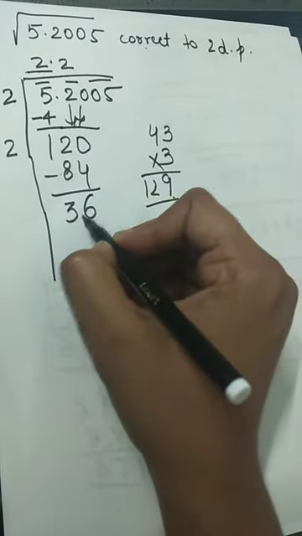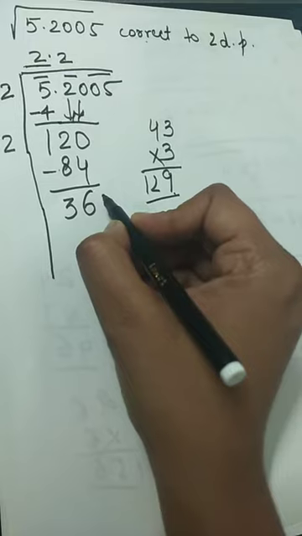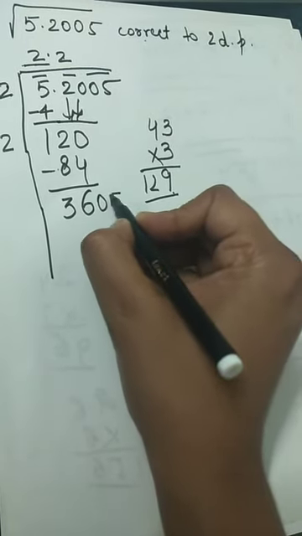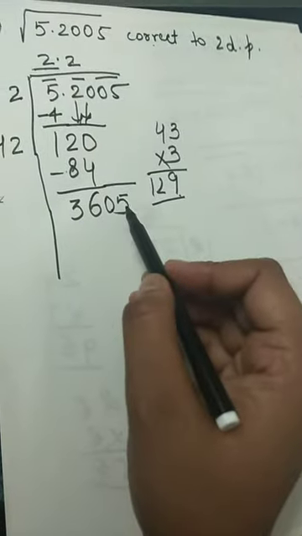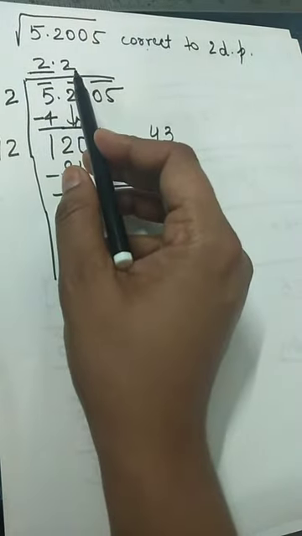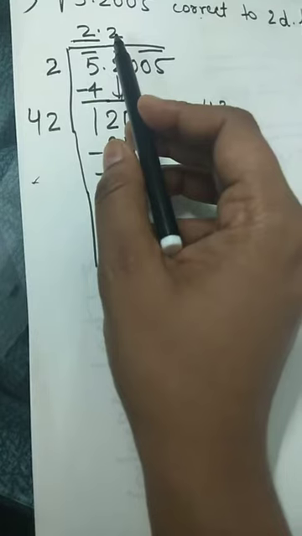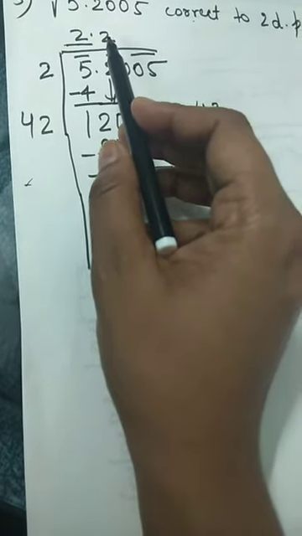We got 36 here. We'll copy down our next pair, which is 0 5. Now we will double the quotient.